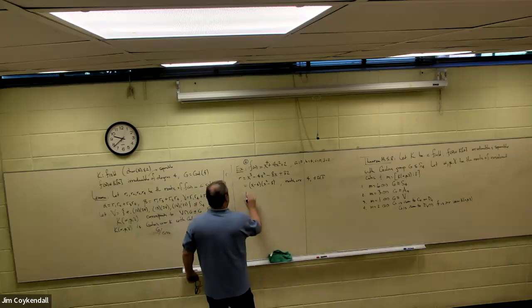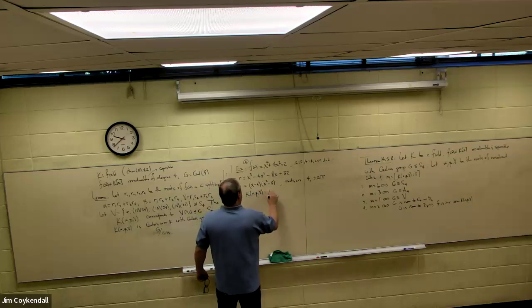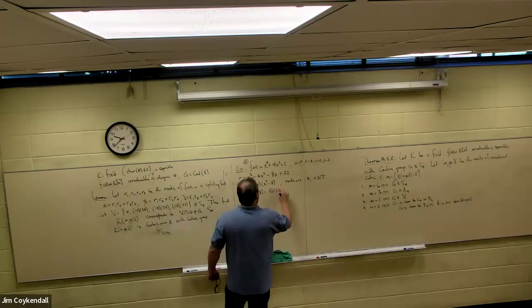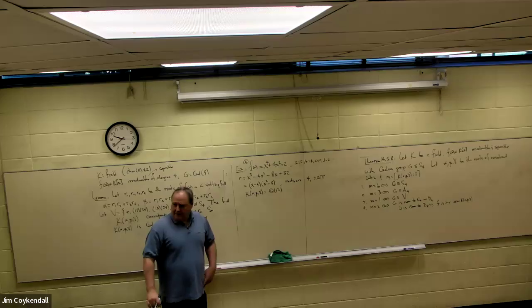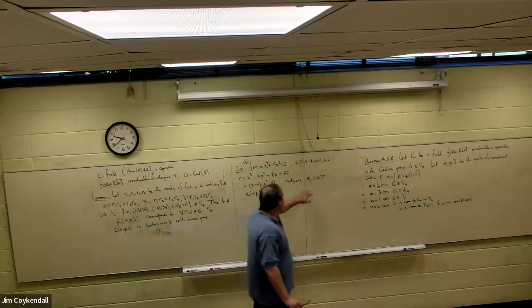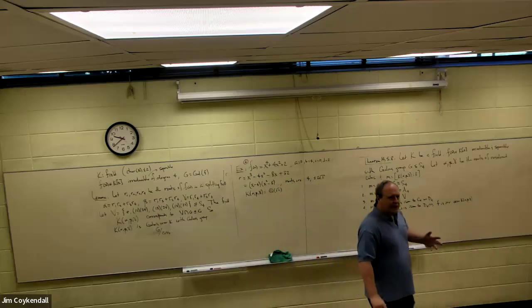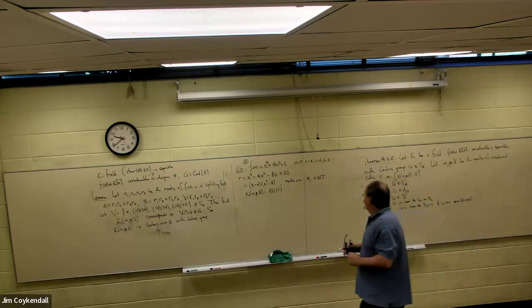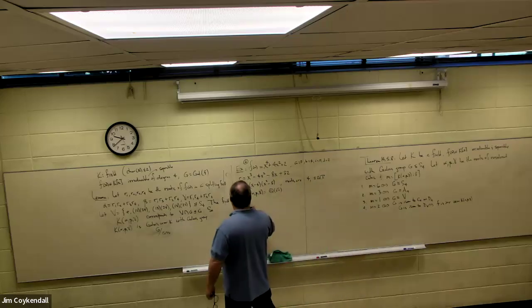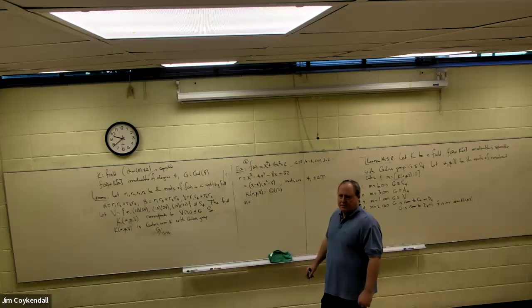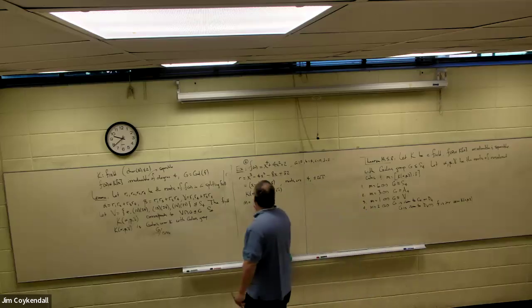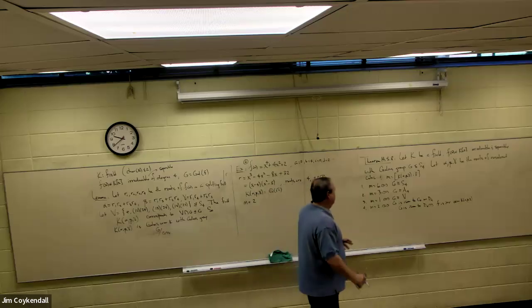So in this case, K(alpha, beta, gamma) is Q adjoined with the square root of 2. Everybody agree with that? Because adjoining 4 doesn't do any good, plus or minus, right? It doesn't matter. And so M in this case is what? 2. It's 2.